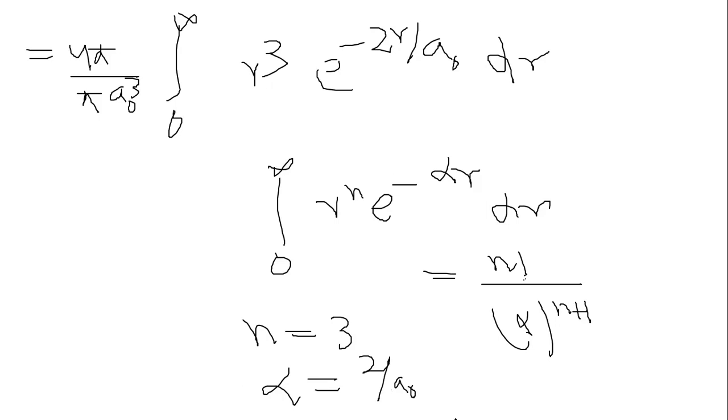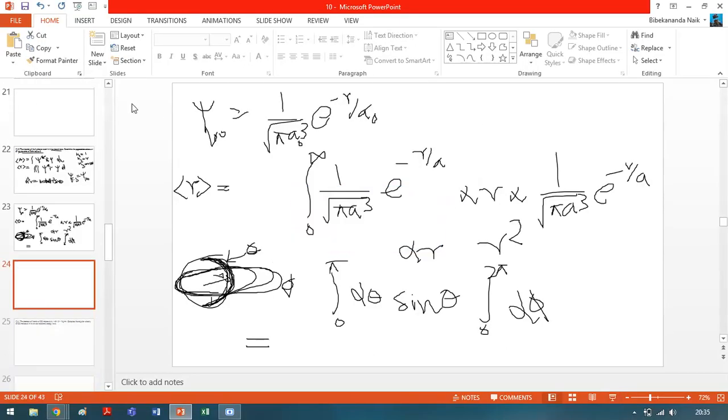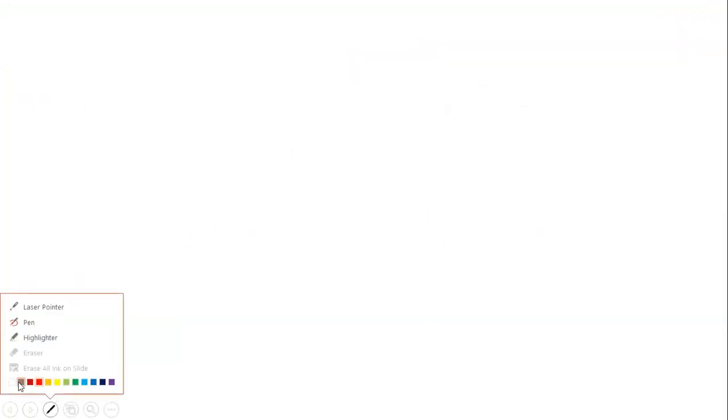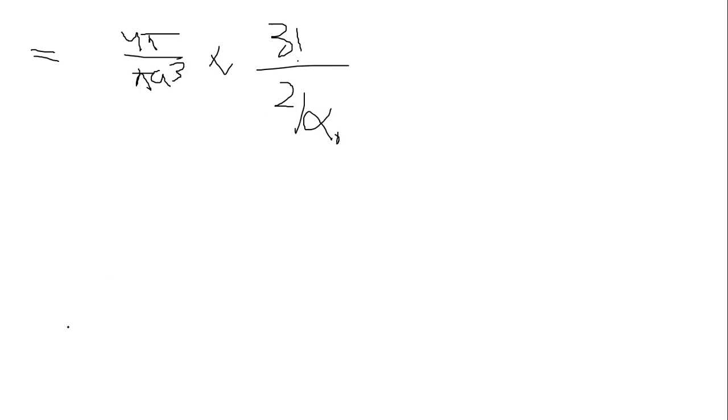When you put all the values, the integration value will be 4 pi by pi a0 cube, which was already present there, times n factorial, that is 3 factorial, divided by 2 by a0 to the power 4, where n plus 1 is 4.